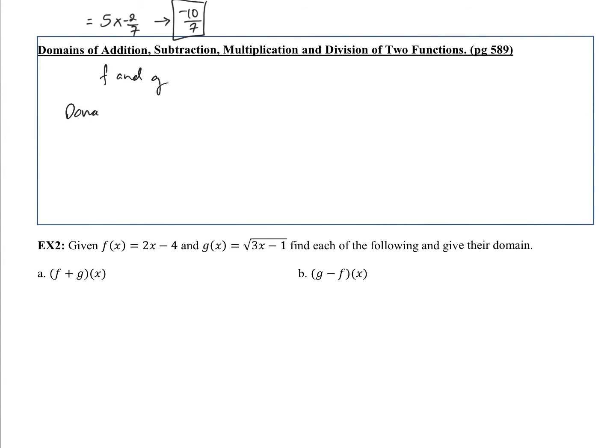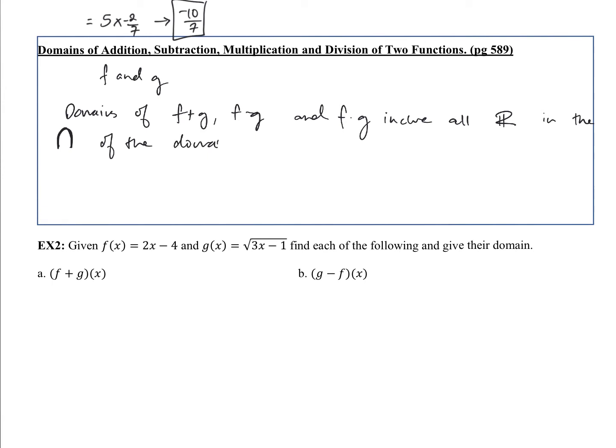Well, the domains of f plus g, f minus g, and f times g include all real numbers in the intersection of the domains of f and g.